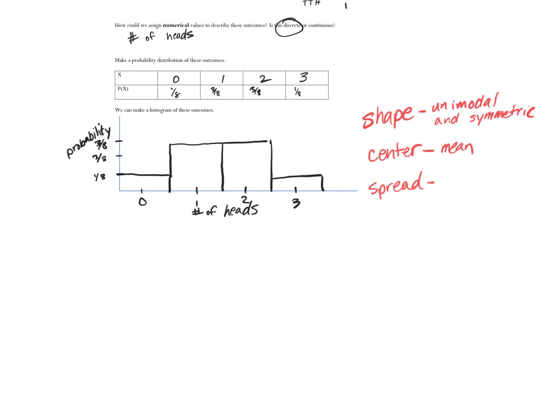This axis is my number of heads, yeah? 1.5. Is everybody good with the average being 1.5? Is that saying that we're going to get 1.5? No, it's saying that if we took the average of all of the possible times we did this, the average would be 1.5 heads.